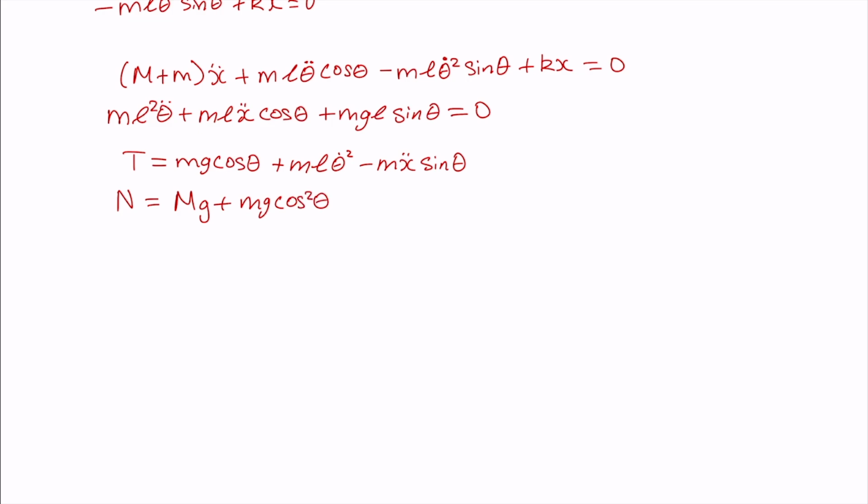Like I said, you could probably simplify this more, but we're not really going to bother here. Plus ml theta dot squared cosine theta minus mx double dot sine theta cosine theta. And that is our two equations of motion, the tension in the wire and the normal force.